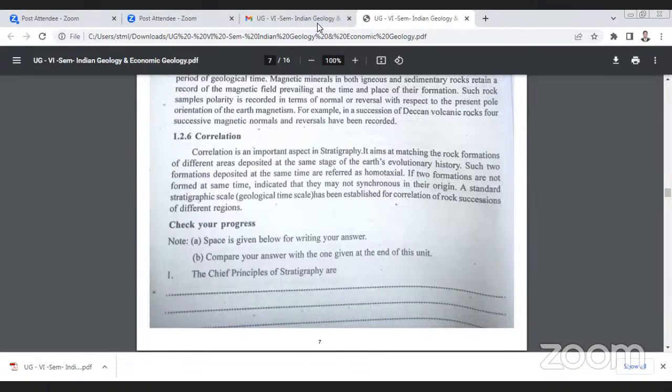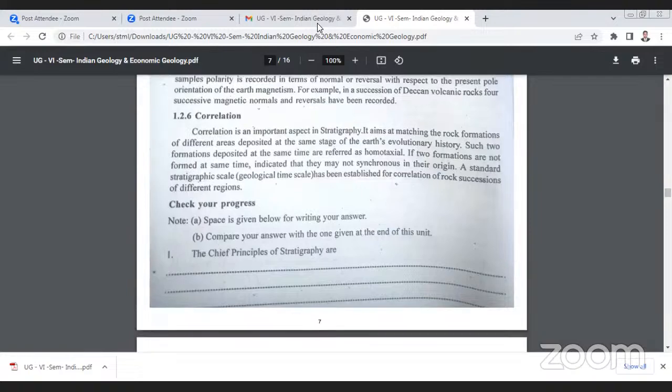If two formations are not formed at the same time, they are indicated as synchronous in another region. A standard stratigraphic scale, known as the geological time scale, has been established for the correlation of rock sequences of different regions.